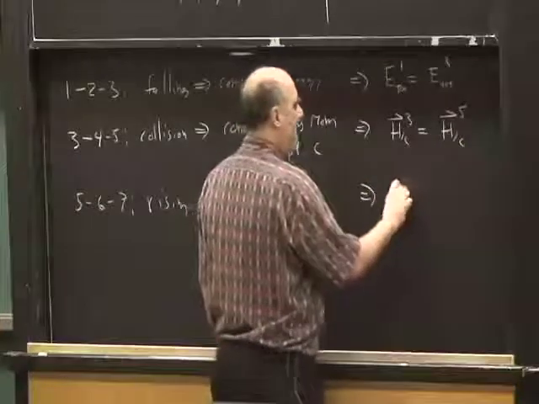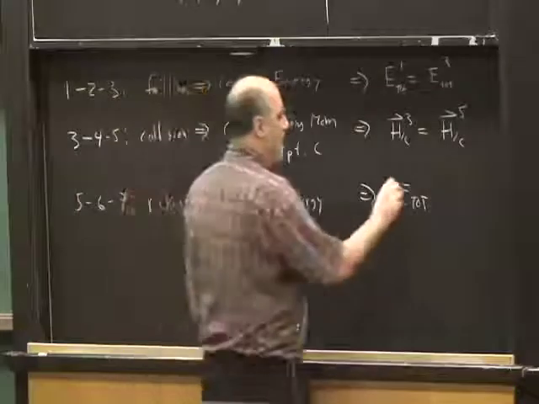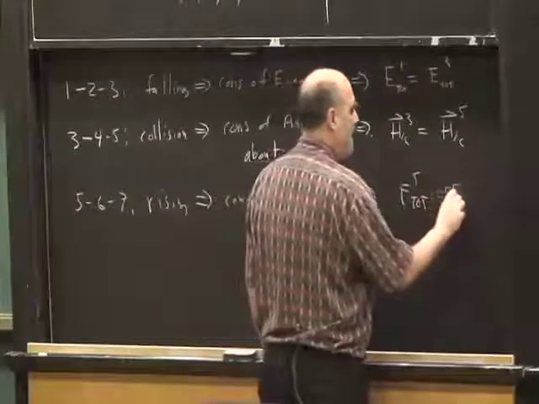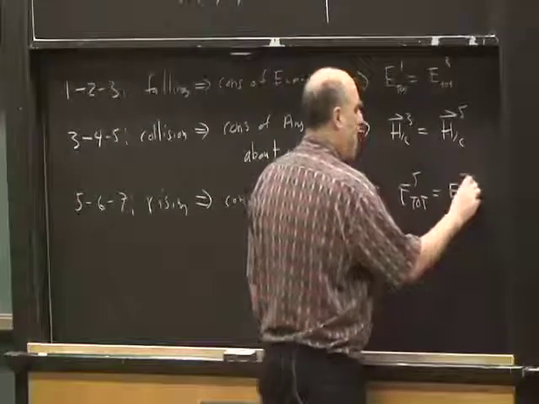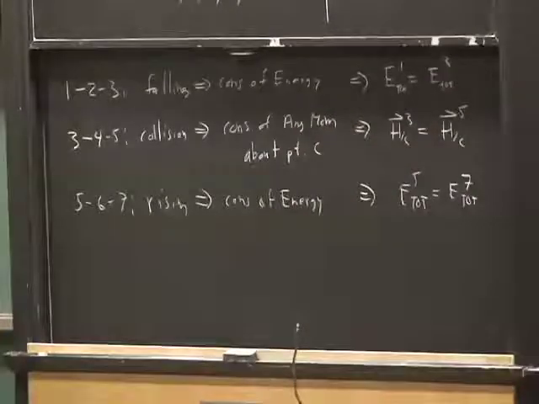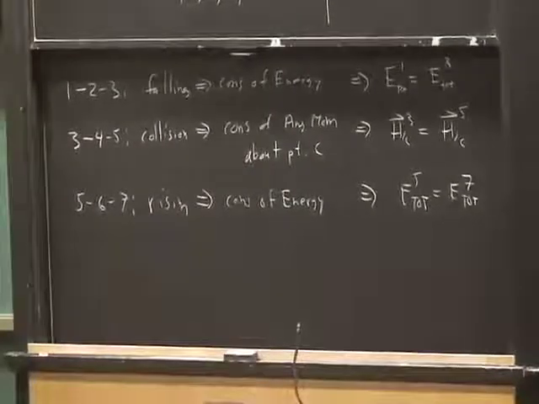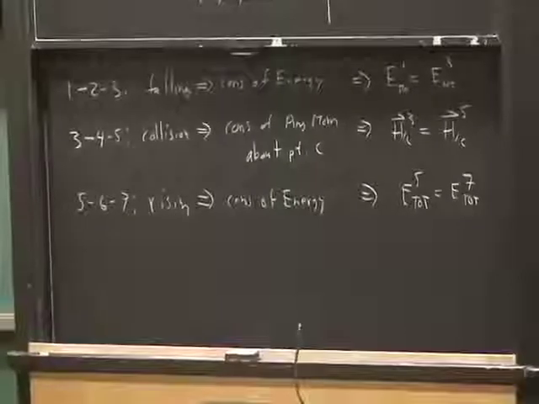And here we have E total, and this is 5, is equal to E total 7. So to actually figure out how high this box lifts up, all we have to do is flesh out these quantities, these angular momentums and energy, in terms of, say, the angles and angular velocities of this block.